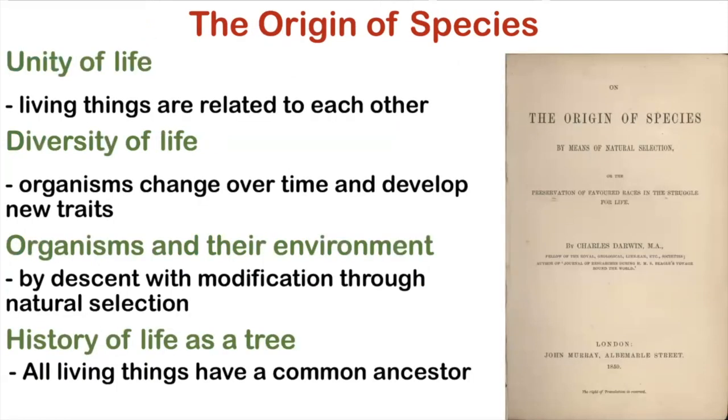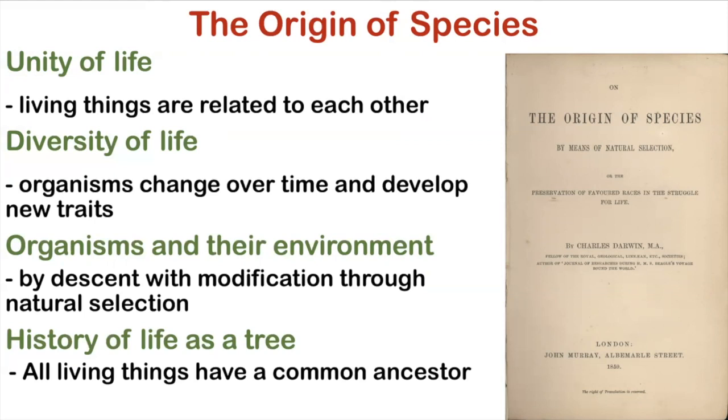Darwin presented several observations that led him to propose his theory of evolution. He observed nature and noted the unity of life. He believed that all organisms descended from a common ancestor. This means that all living organisms are related to each other in some way.